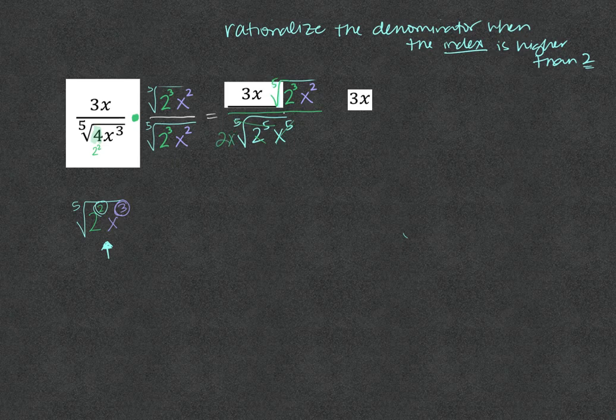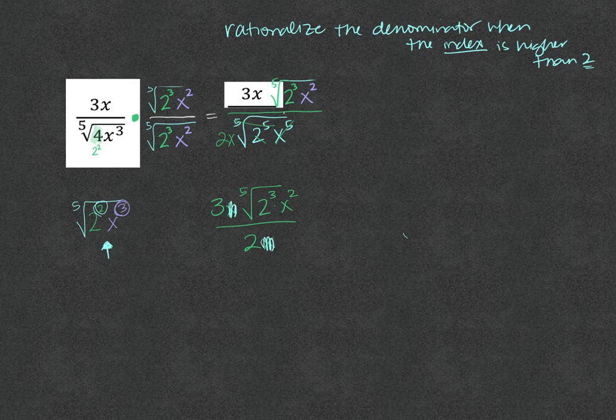So our problem looks like 3x times the 5th root of 2 cubed times x squared all over 2x. I think a lot of you can see that we could cancel out the x's already. So let's do that. X's are gone.